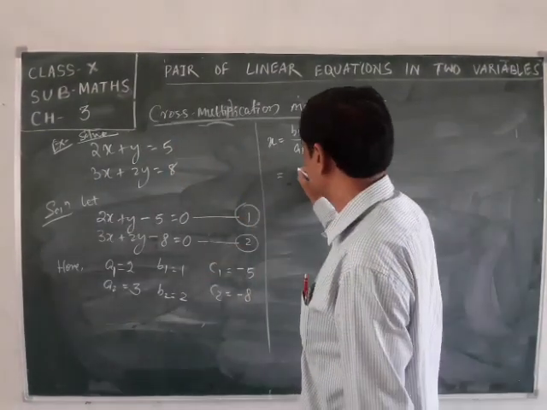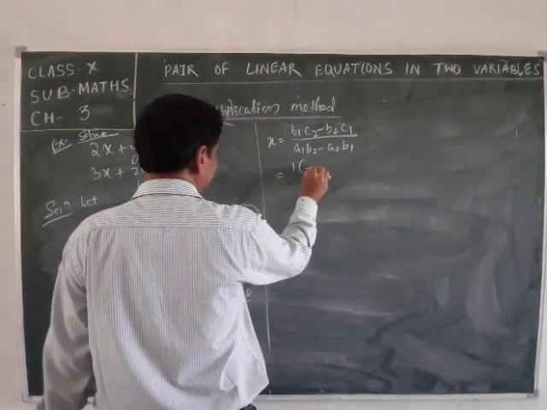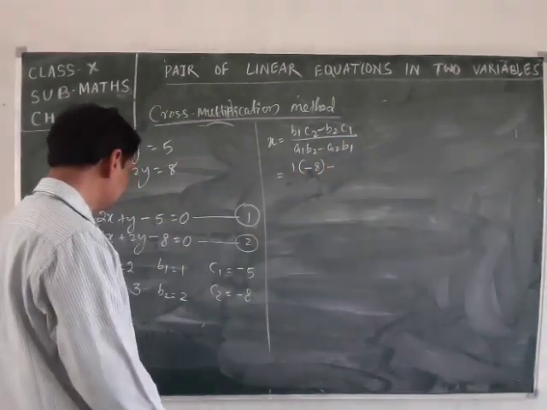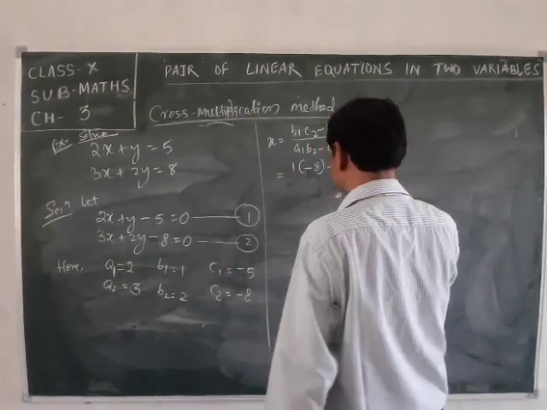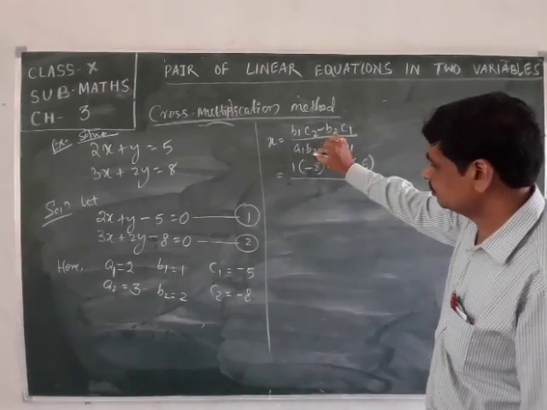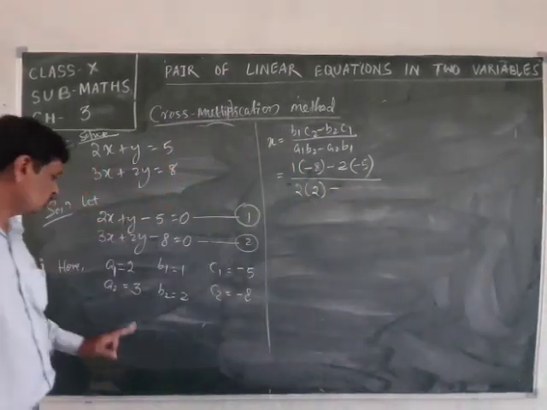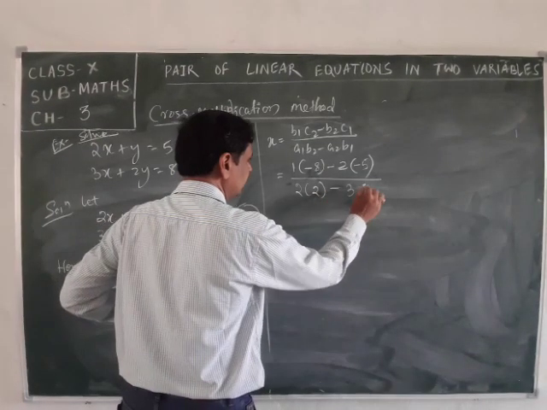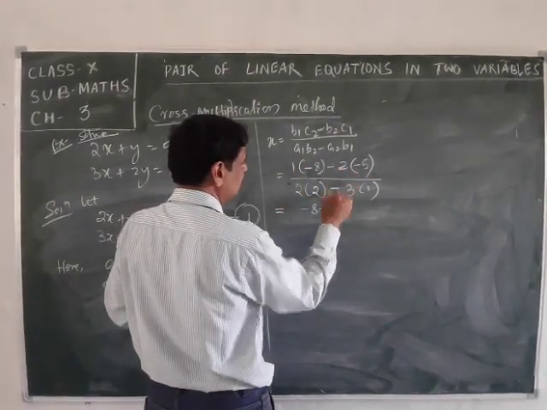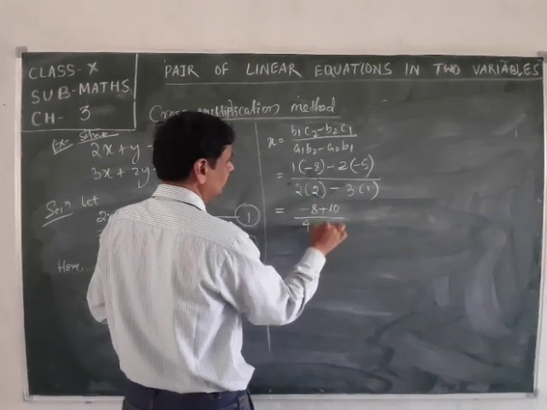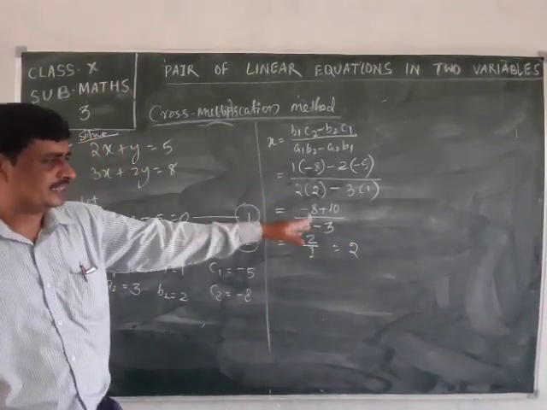Here b1 is 1, c2 is −8, b2 is 2 and c1 is −5, divided by a1 into b2, 2 into 2, minus a2 into b1, 3 into 1. 1 into −8 becomes −8, minus into minus plus, 2 into 5 is 10. So it is 2 over 4 − 3, which equals 2/1, that is 2. The value of x is obtained as 2.